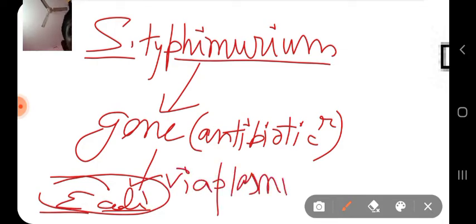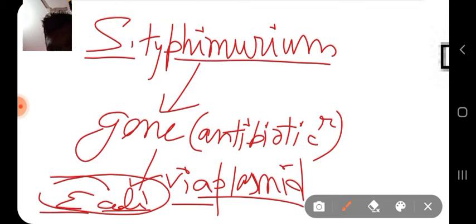Now, I think you all know, you have studied in your microbiology class, what a plasmid is. Plasmids are extra chromosomal double stranded circular DNA molecules found in prokaryotic cells that are capable of independent replication.